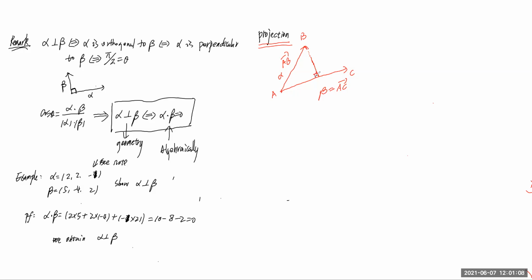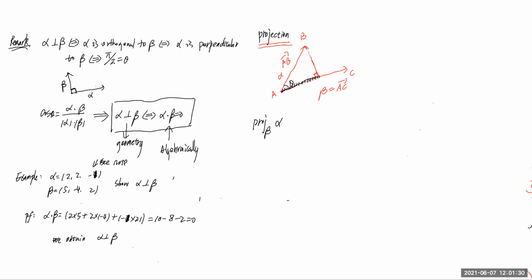We get a right angle. Let me change the color. This is theta, right? We know how to compute this, right? Now we just try to compute the projection of alpha to beta.